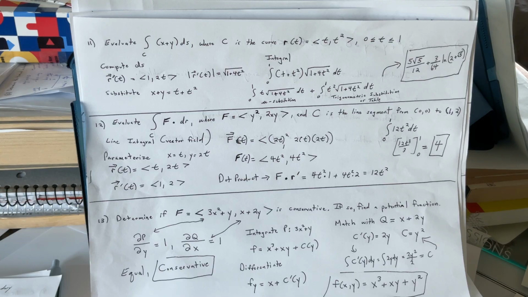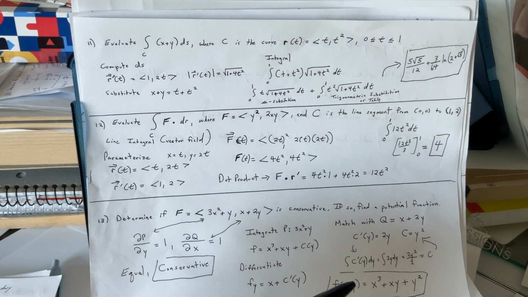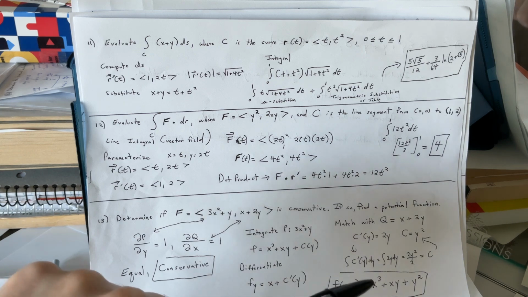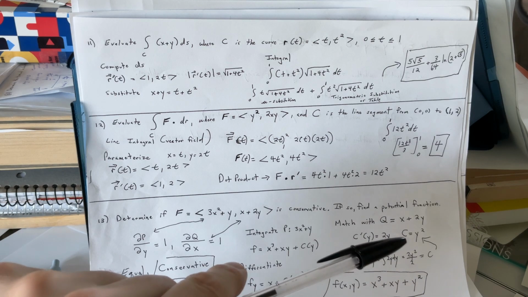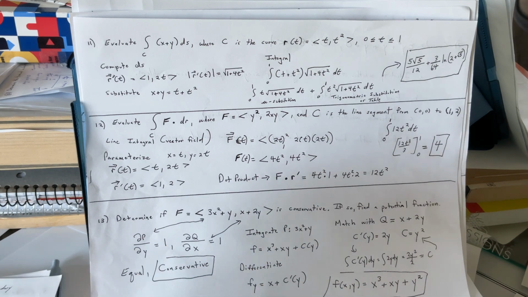In the final answer, we get f of x, y equals x cubed plus xy plus whatever that c of y was, which we identified as y squared. Boom. Done. That's the first 13.